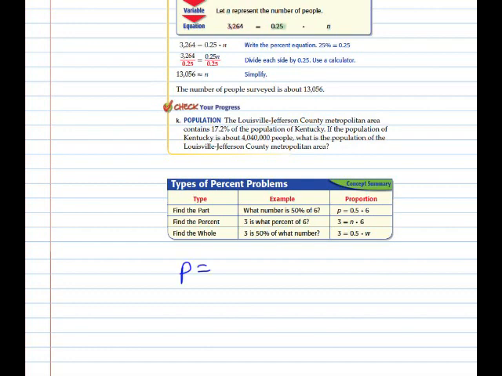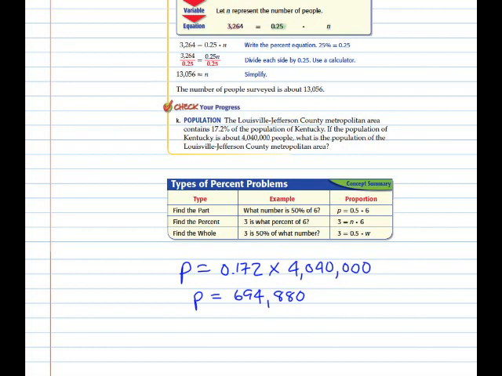We know the percent, which is 17.2. We're going to change that to a decimal, 0.172. We're going to multiply that by 4,040,000. And our answer then is about 694,880 people in the Louisville, Jefferson County metropolitan area.